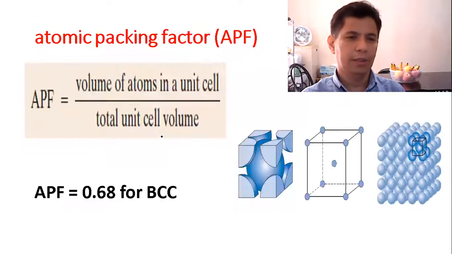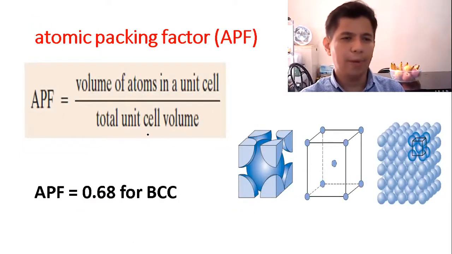Derivation. And then, the atomic packing factor for BCC is 0.68. No? So, mas konti yung atoms dito, as you can see, di ba? As compared to FCC. So, mas mababa yung kanyang atomic packing factor. So, you can also derive this.